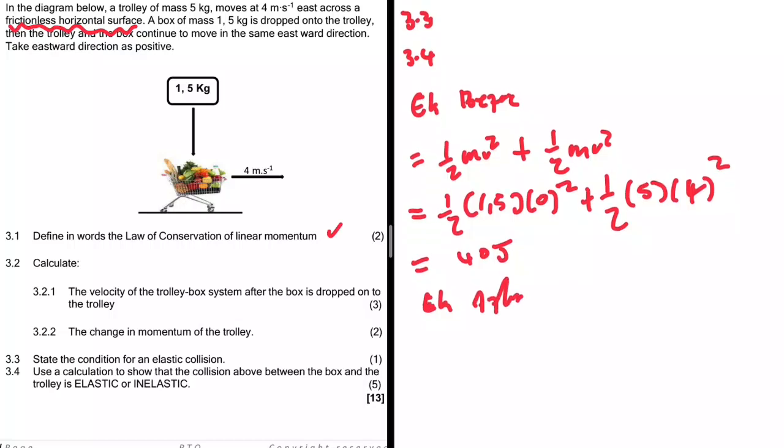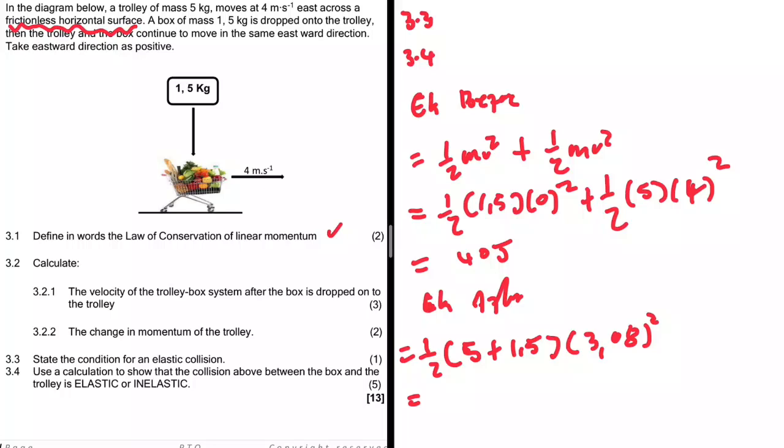Now let's calculate EK after the collision. After the collision, they move as one unit, so we are going to have half of (5 plus 1.5) multiplied by 3.08 squared, because after the collision they move as one unit.